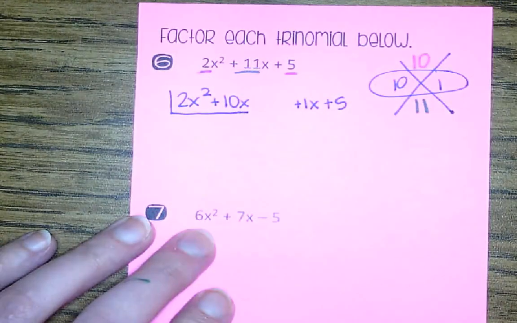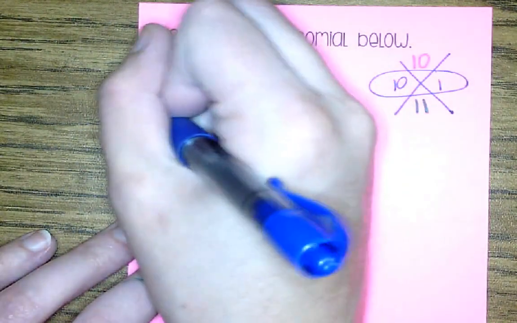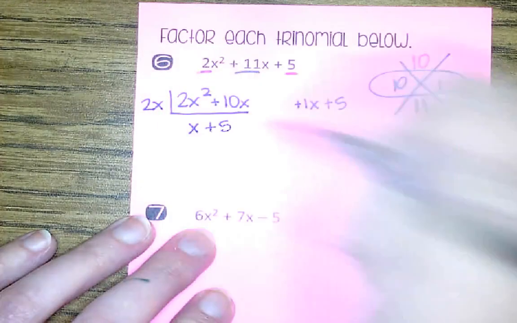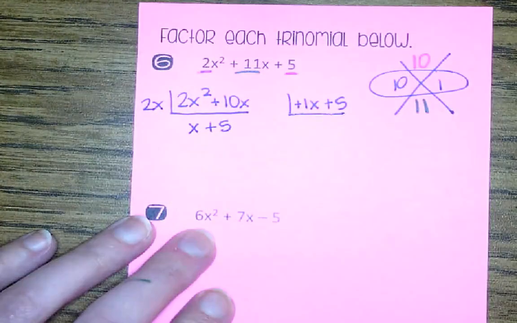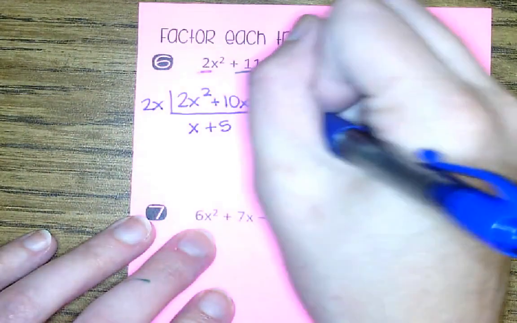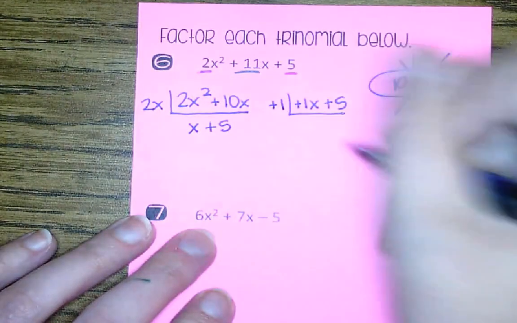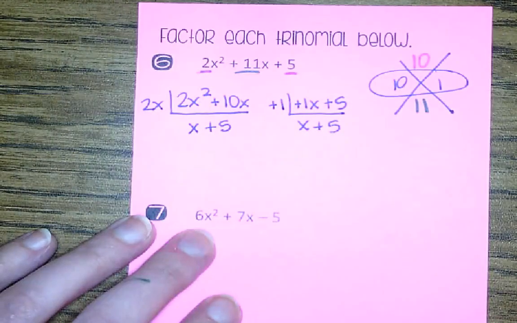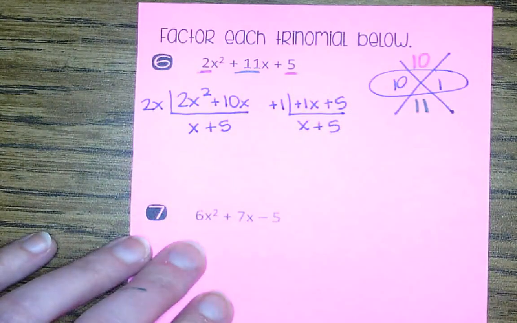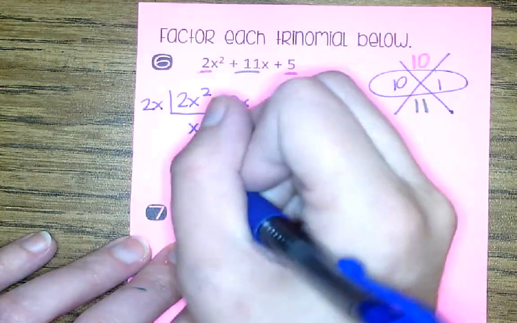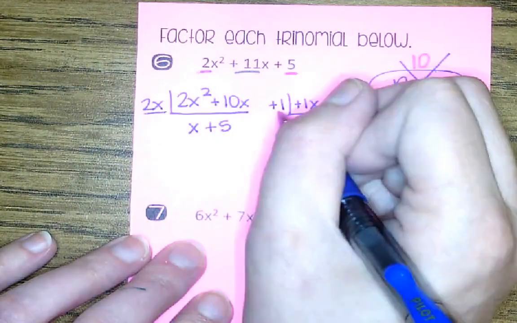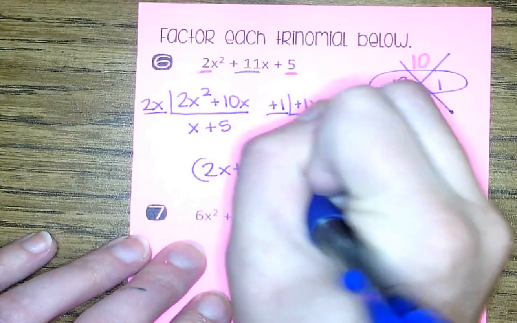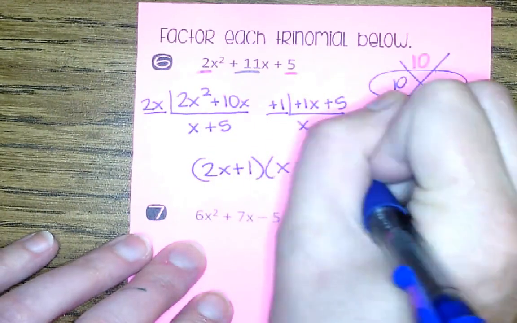What can we factor out of that? 2x, and we are left with x plus 5. Out of 1x and 5, we can really only factor out a 1, but that's okay because we are left with x plus 5. So what are my two factors in this case, y'all? 2x plus 1 times x plus 5. All right?